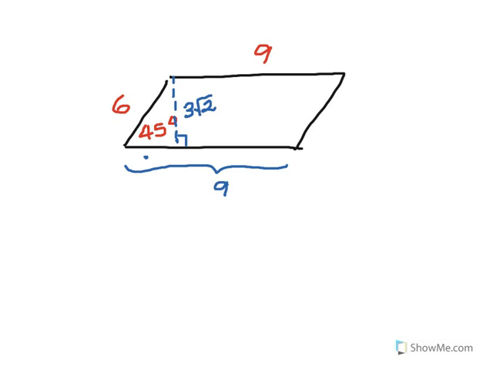So that means that the height is 3 root 2. So the area of this figure is, of course, base times height. So it's a base of 9 times a height of 3 root 2. So the area is 27 times the square root of 2.